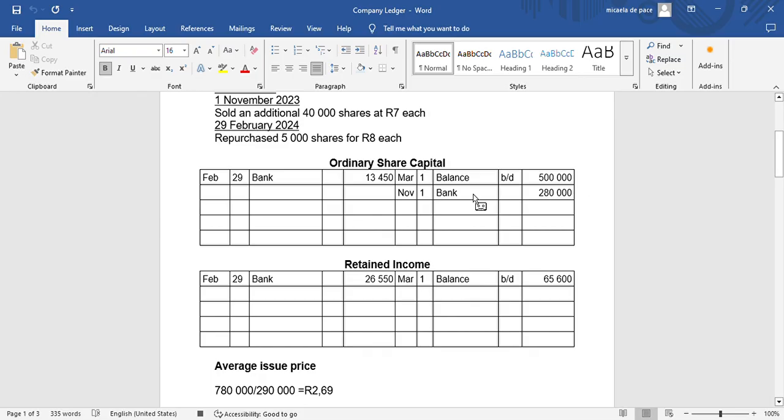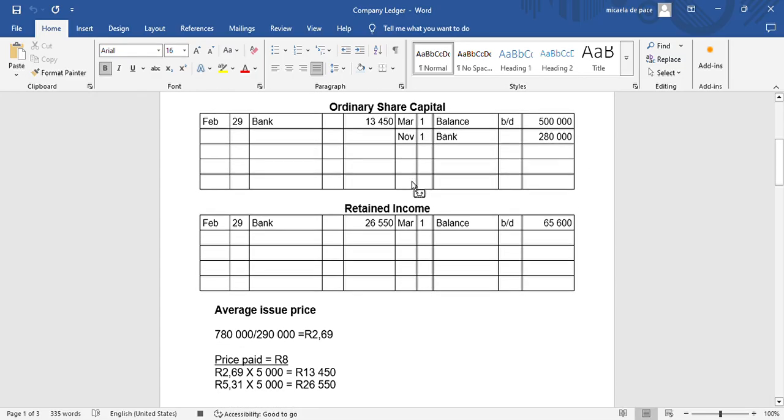The extra bit that you paid here, and remember, you're going to give the shareholders some sort of reward if you buy back their shares. Okay, you buy back their shares, they've invested money in your company. During the time that they've invested money in the company, your company's made profit.